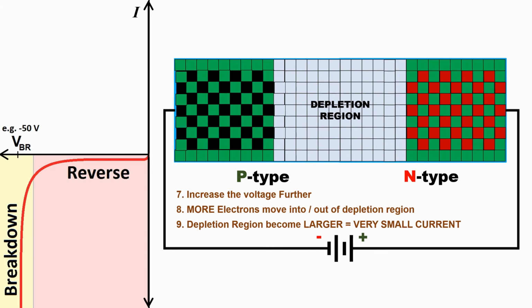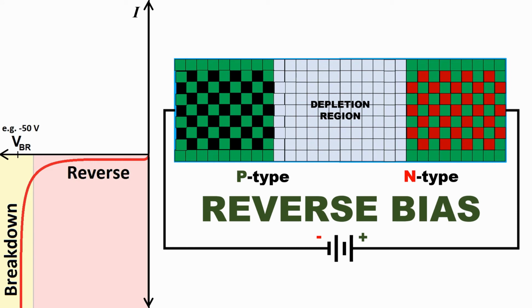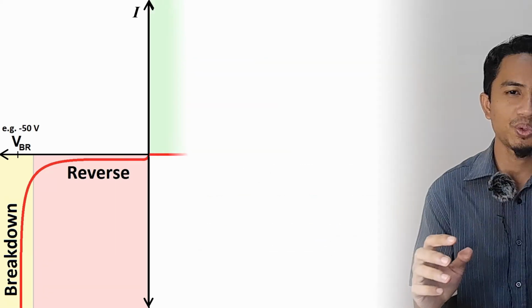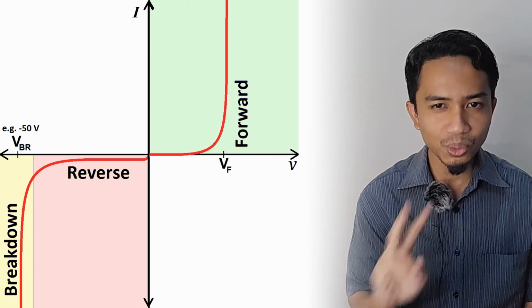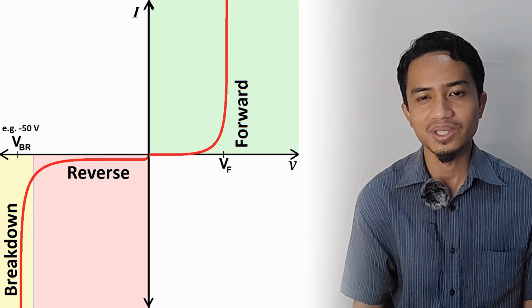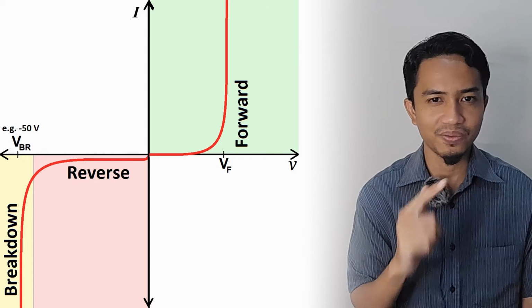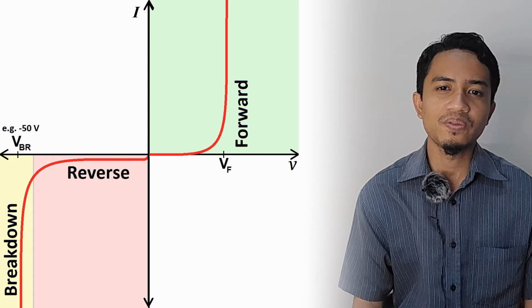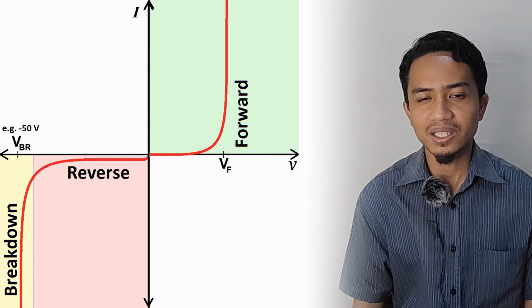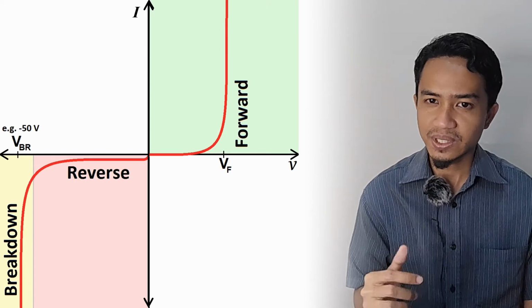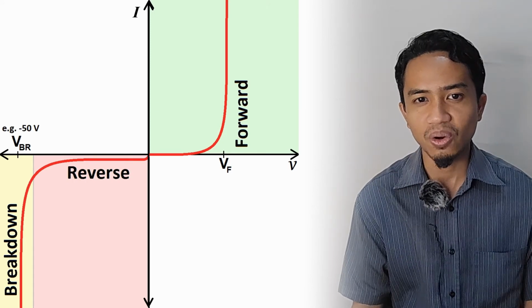Since now the connection is in reverse direction, the movement of the carriers is also in the reverse direction, so we call this condition a reverse bias. So those are the two different conditions of diode operation, the reverse bias and forward bias, where forward bias makes the device on, whereas reverse bias turns the device off.